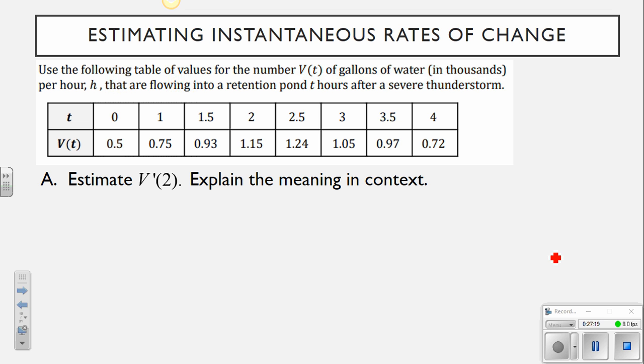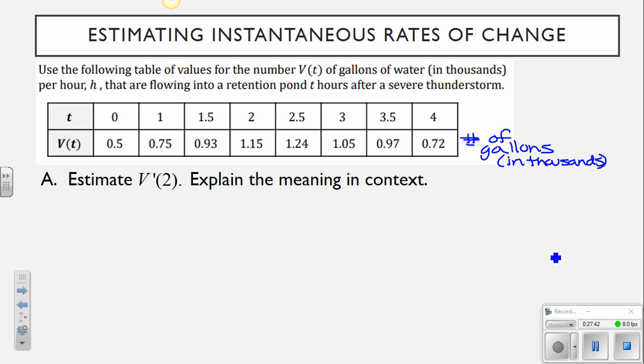So here, what is V of T here? What's the number of gallons? In thousands, right? So we'd have to multiply our answer times 1,000 if we wanted the actual gallons now, right?